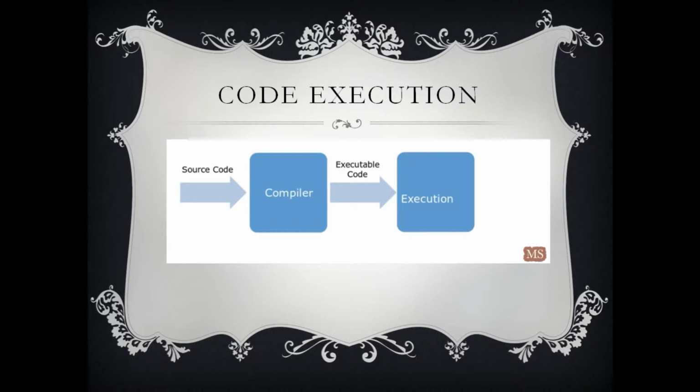After writing our source code, the compiler compiles it and checks if errors occur. It will show us the errors, and after that it creates an executable code that is the input of the execution process. So that is the code execution process.